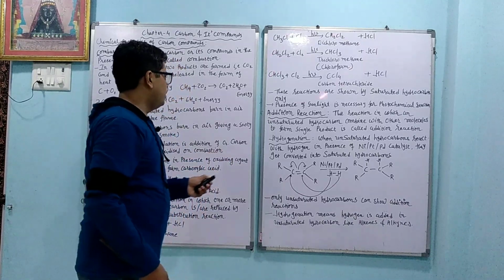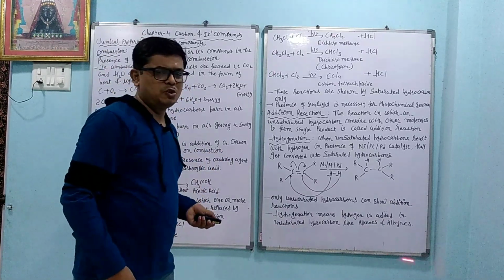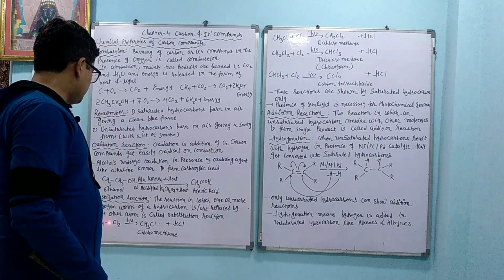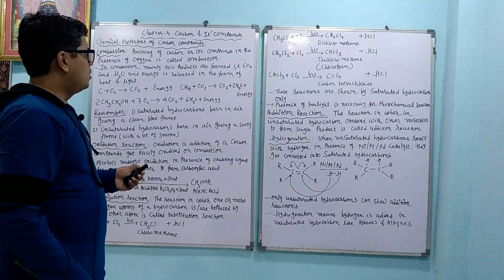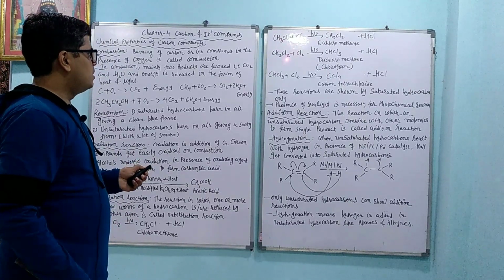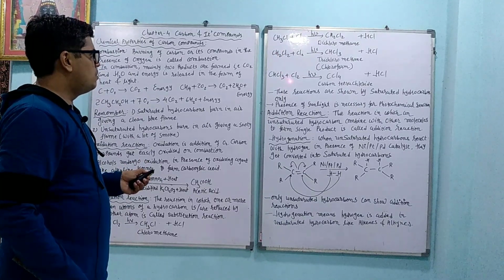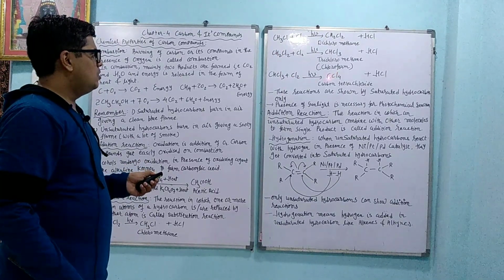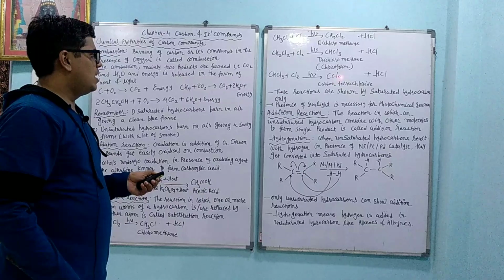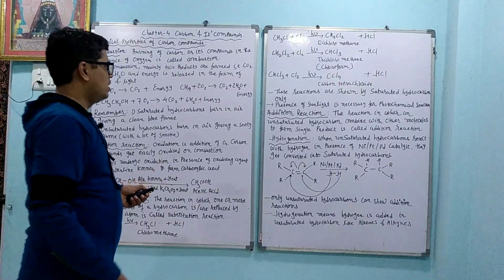In all these reactions hydrogen is substituted step by step. Here one hydrogen is substituted by Cl, here another hydrogen is substituted by Cl, step by step all hydrogen is substituted by Cl. At last all hydrogen is substituted, so we get carbon tetrachloride plus hydrochloric acid.